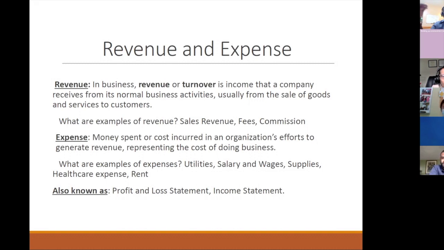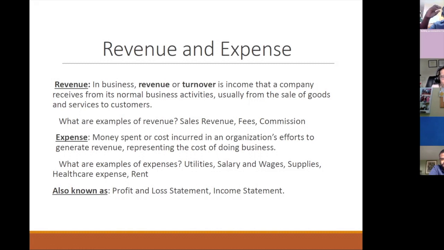Now, what is an expense? It's money spent or cost incurred in an organization's effort to generate revenue, right? So you have a company and you decide that, okay, I want to generate a certain kind of revenue. I need to buy some materials. So you're going to spend the money to buy materials.